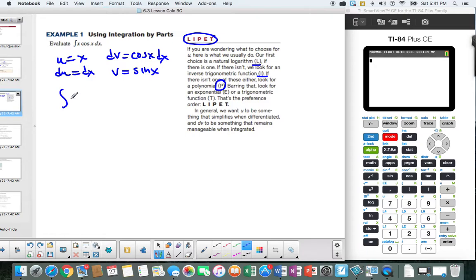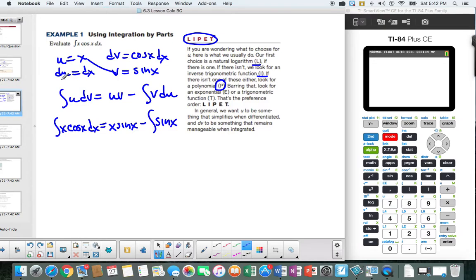Now here's the integration by parts: the integral of u dv is equal to u times v minus the integral of v du. So if I want the integral of x cosine of x, I can replace it by saying these two times together, x sine of x minus the integral of v, and v is sine of x, and du is dx.